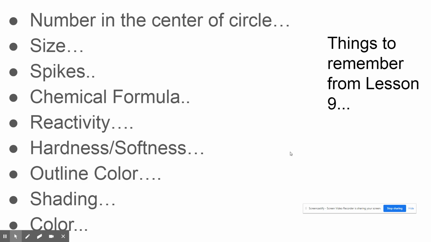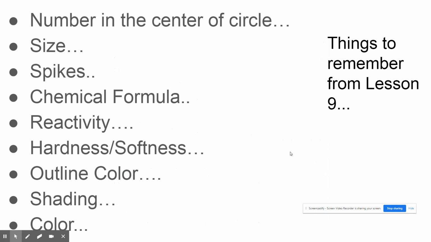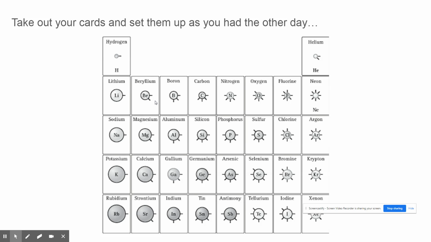If we are looking at the cards in the proper way that we want them set up, like this one, that number goes up as we go from left to right, and it continues on in that pattern. You notice that those circles in the center of your cards are different sizes. Take a look.